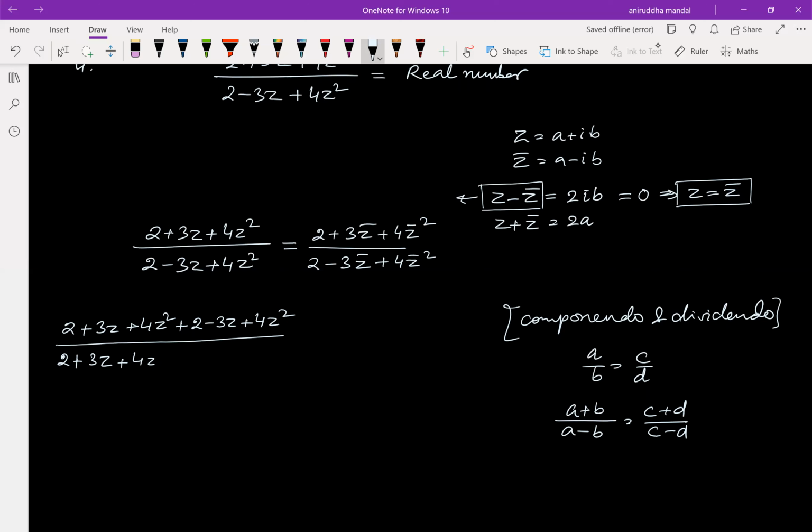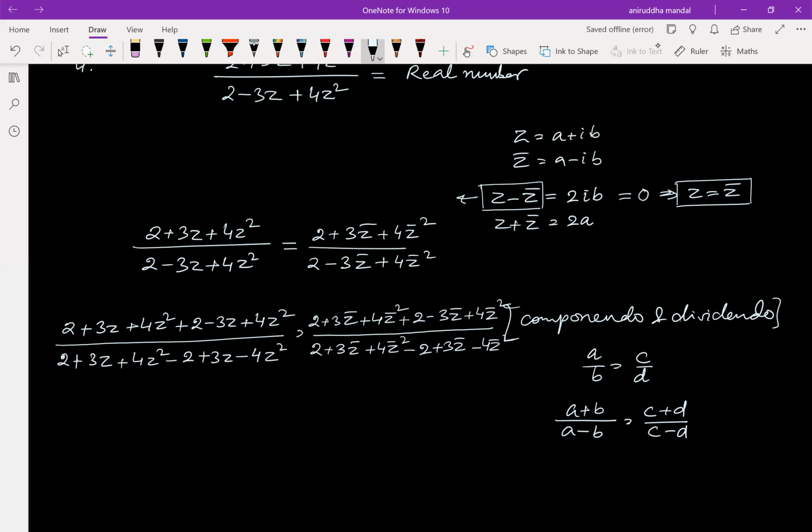On the right hand side we have 2 plus 3z bar plus 4z bar square plus 2 minus 3z bar plus 4z bar square, and 2 plus 3z bar plus 4z bar square minus 2 plus 3z bar minus 4z bar square.